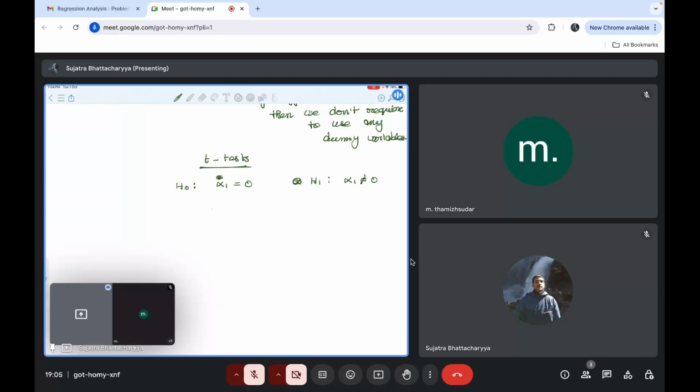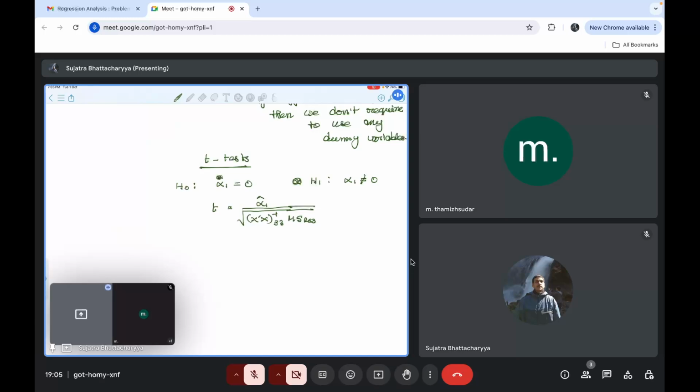Okay. So based on that, our t statistic will be alpha 1 hat divided by the standard error, right? So this will be the root of X prime X inverse 3 3 times MS residual. Why I'm writing 3 3, I will explain. MS residual, you know, should be there because sigma square is unknown in most cases, and we know that MS residual is the best estimator for the variance.